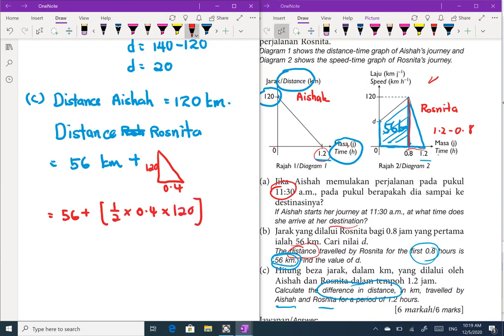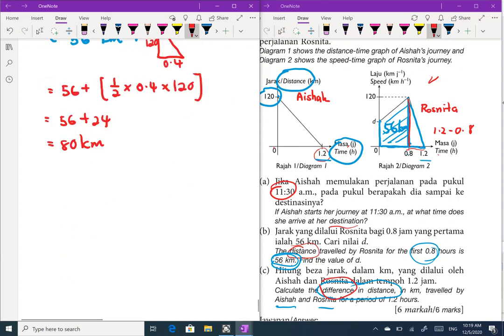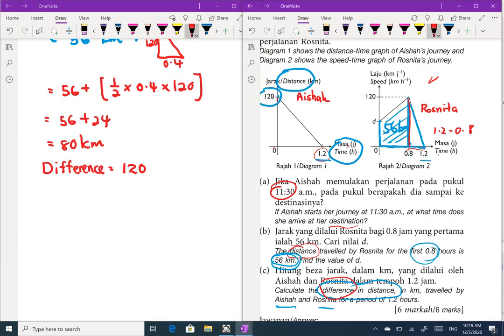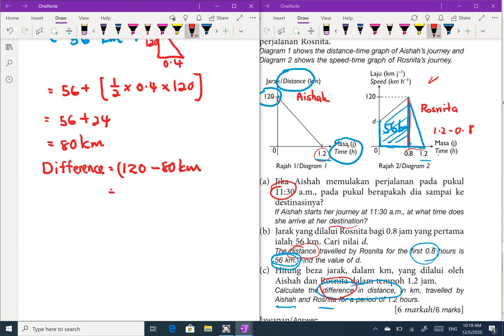So you get 56 plus 60 times 0.4, which is 24. So the total is 80 kilometers. But the question requests the difference between Aisha and Rosnita. So the difference is 120 minus 80 kilometers, so you will get 40 kilometers.